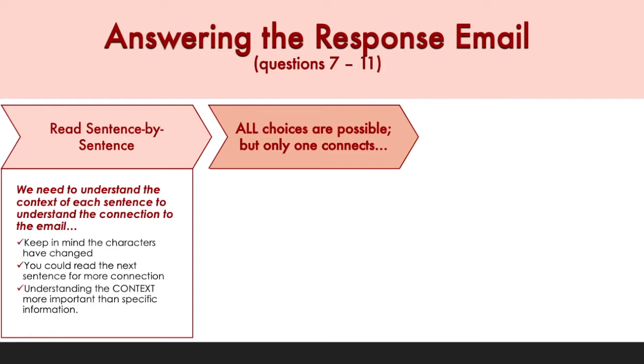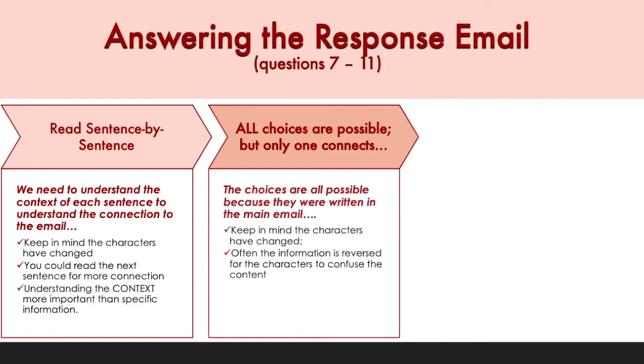All choices are possible, but only one connects. The choices are all possible because they were all written in the main email. Keep in mind that the characters have changed. Often, the information is reversed for the characters to confuse the content.